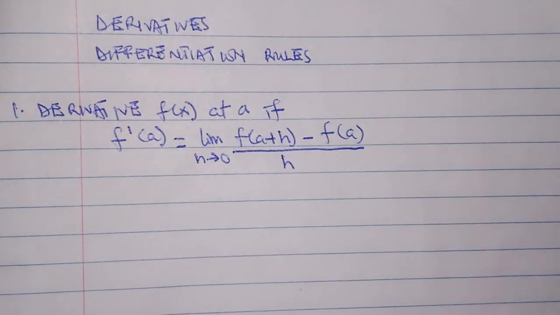Using the concept of limits, we are saying if a function is differentiable at a, it should satisfy the condition where the derivative of f of x at a is equal to the limit as h approaches 0 of the expression f of a plus h minus f of a all over h.